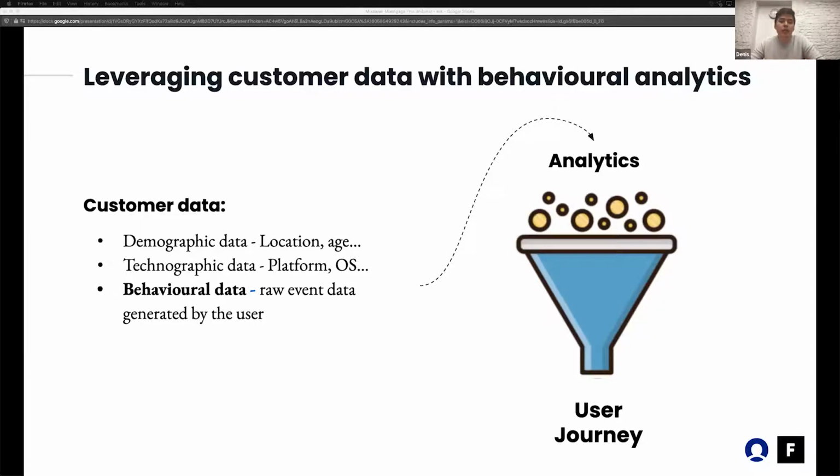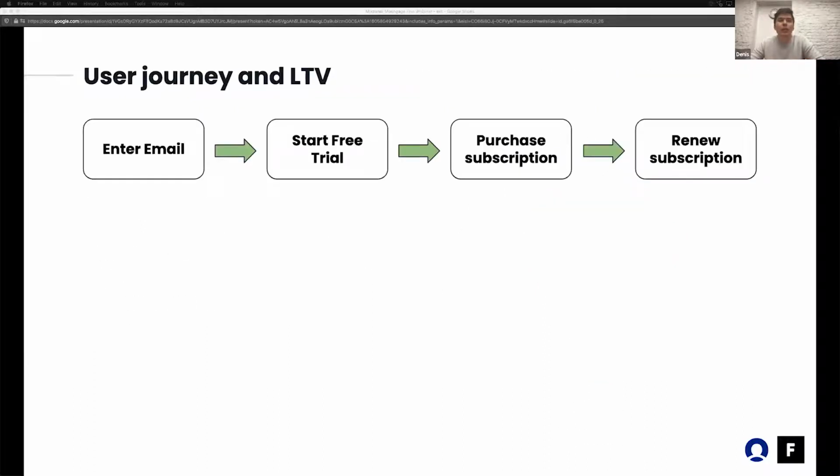Now that we've set up a foundation, let's connect that to LTV, and this is partially the reason why I like the user journey approach so much. Most of the time, LTV is our key performance metric, and obviously we want to increase revenue as much as possible. So every user journey should end up with some kind of desirable outcome, and by nature, those outcomes will most likely be tied to increasing revenue.